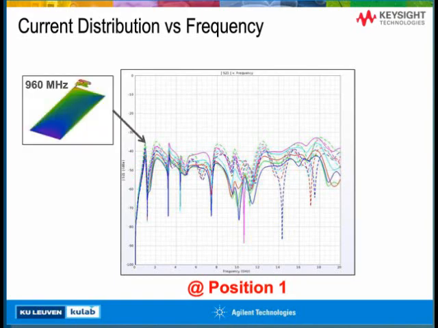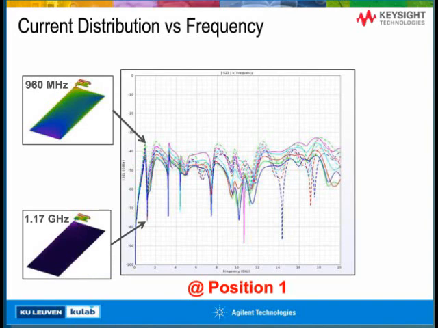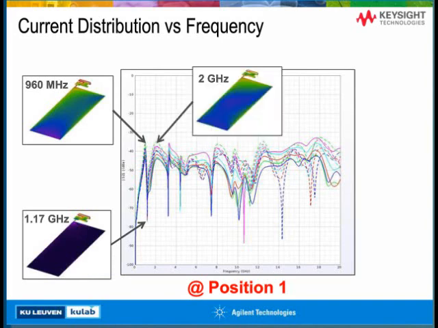When we look at 1.17 gigahertz, we actually see a minimum. And indeed, if we look at the antenna currents in the ground plane, we see that we have no currents induced in the ground plane. It's also a frequency where the antenna is not resonating at all. When we look at 2 gigahertz, we again get a very high coupling between the interconnects and the antenna.